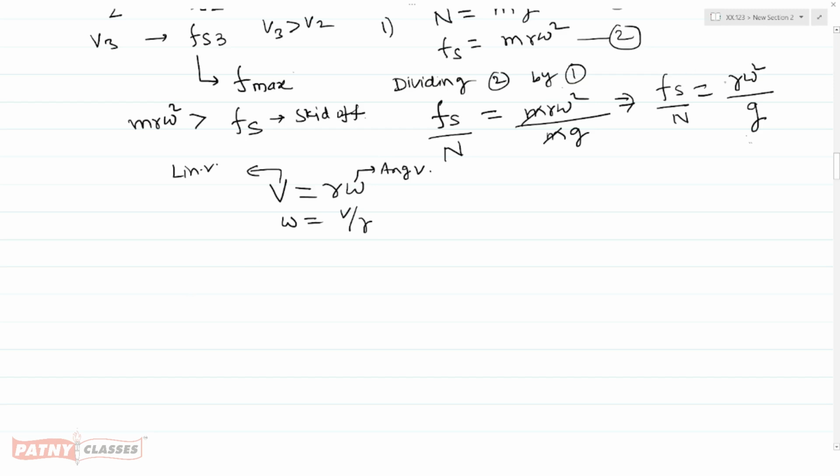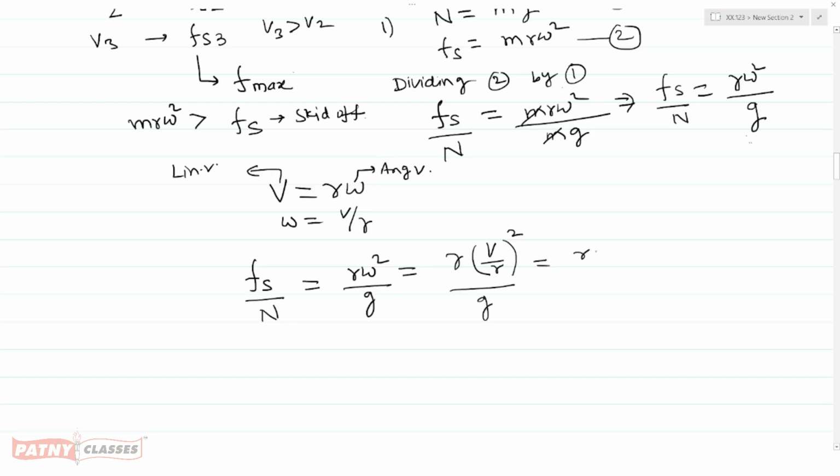So here is r omega square upon g. In place of omega, we can put omega equals v upon r. So Fs upon N equals r omega square upon g, which is equivalent to r times v upon r, squared, divided by g.